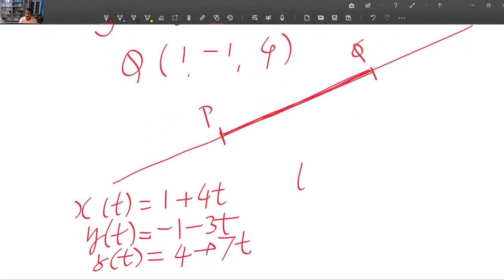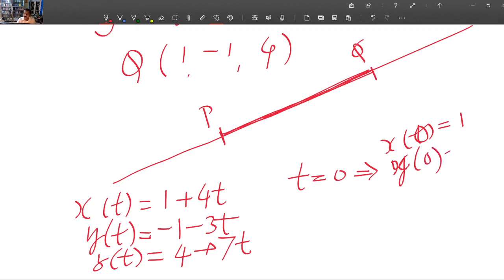So when t equal to 0, x of 0 is 1, y of 0 is minus 1, and z of 0 is equal to 4.